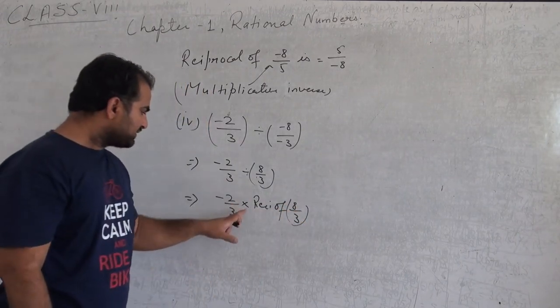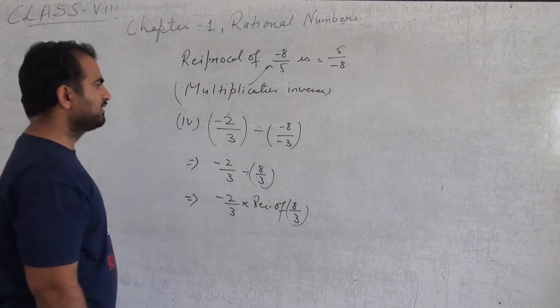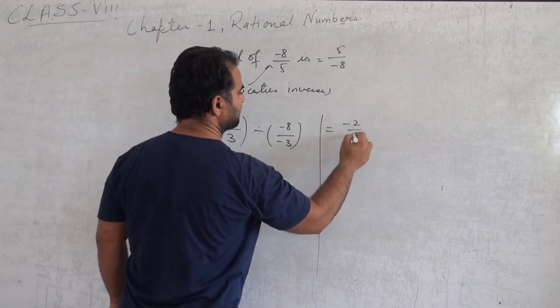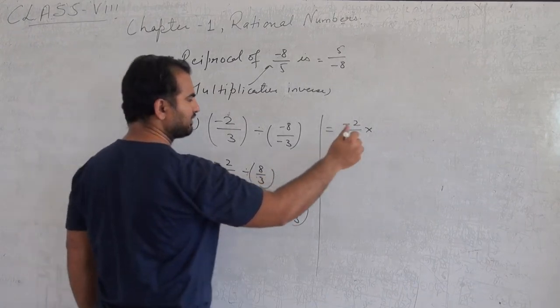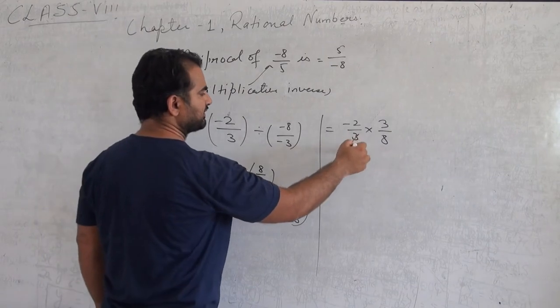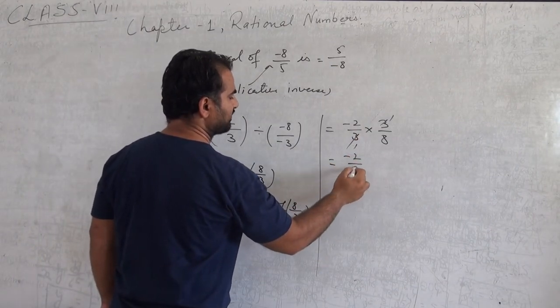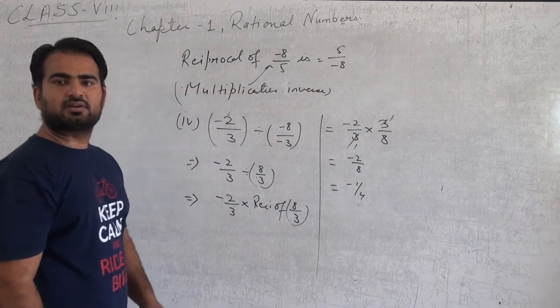So when we have changed the divide sign into multiply, we write the reciprocal of 8 by 3. So it will be minus 2 by 3 multiplied by, what is the reciprocal of 8 by 3? It will be 3 by 8. Okay. So 3 ones are 3 and 3 ones are 3. They are cancelled. And minus 2 by 8, we can say it is minus 1 by 4. This will be the final answer.